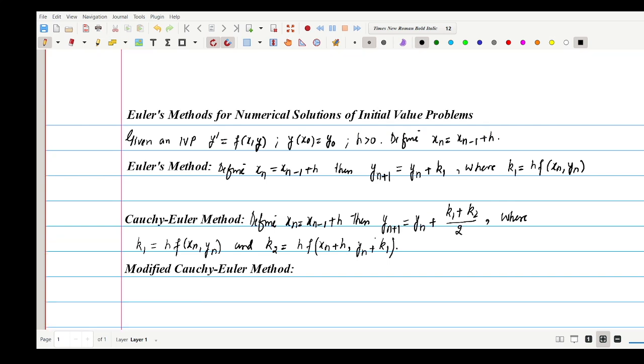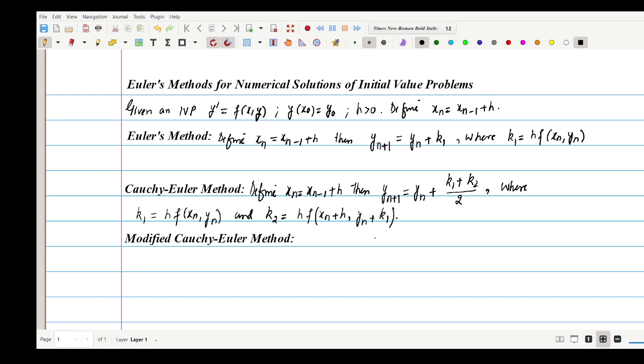And now we can come to define the formula for the modified Cauchy-Euler method. Again, we have the same definition for xn, we define xn = xn-1 + h.